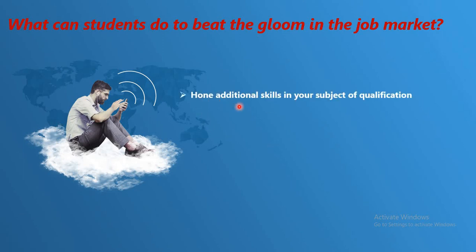First thing, you need to be skilled in the subject of your qualification. You should have mastery of whichever subjects you are currently studying. Like computer science, all the basic subjects you should be thorough with, and you should have enough knowledge with respect to that. And take up freelance assignments.